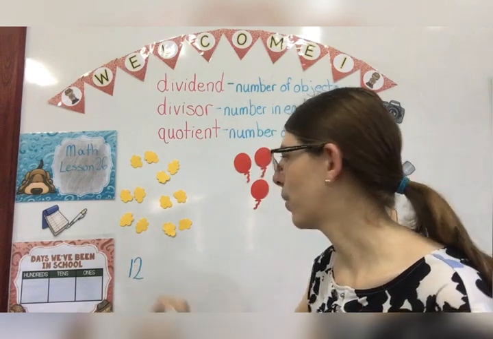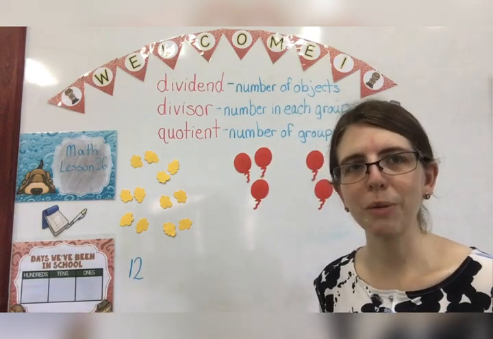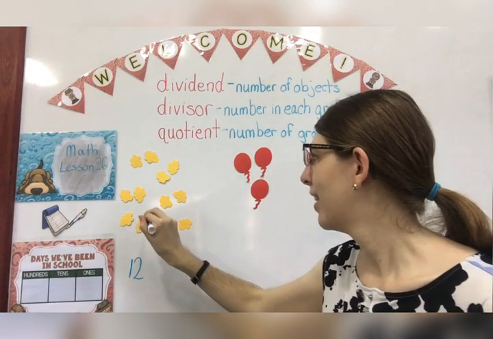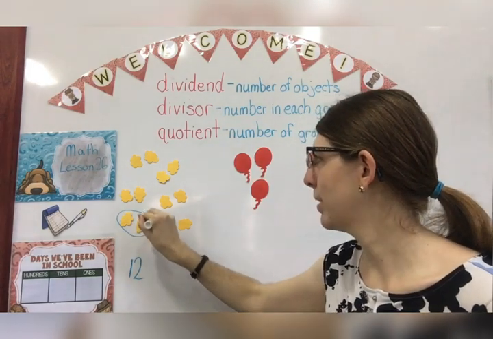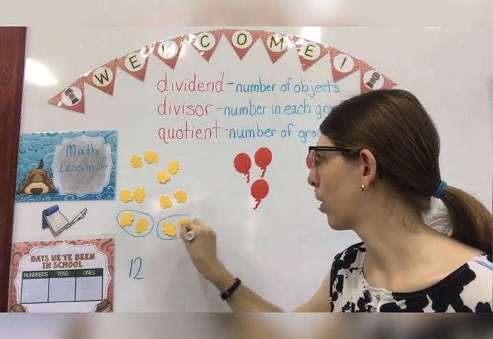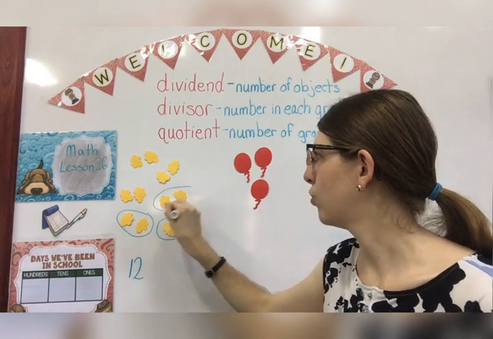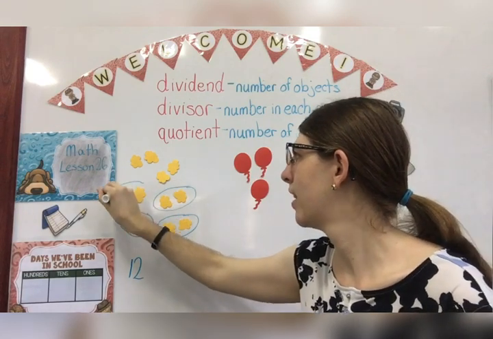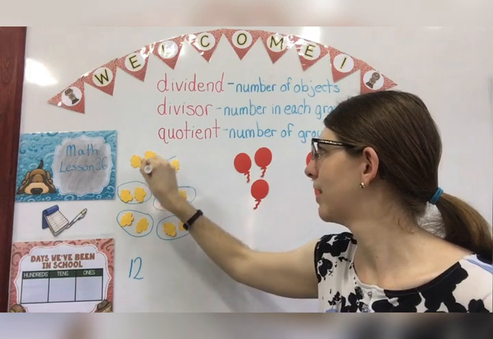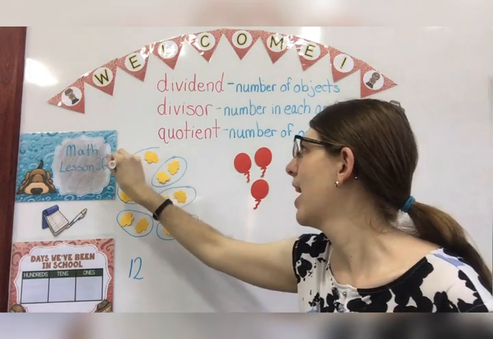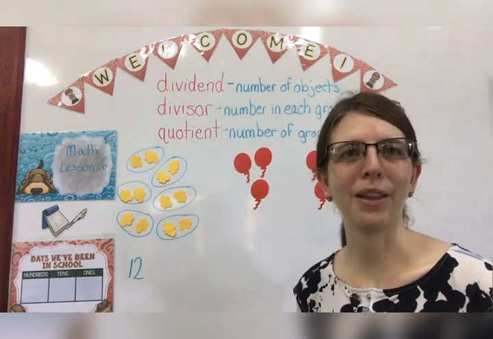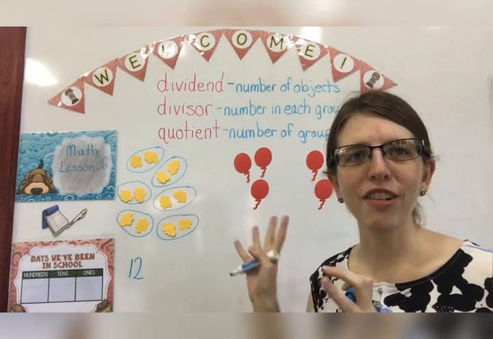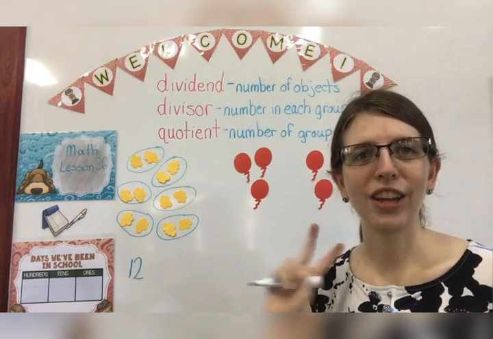And I am going to divide them into groups of 2. So here are 2 palomitas, 2 more palomitas, 2 more palomitas, 2 more palomitas, 2 more palomitas, and 2 more palomitas. So I have all of my palomitas in groups of 2.